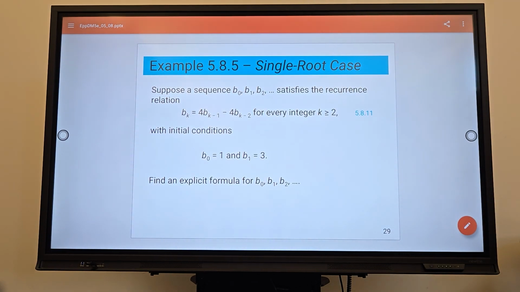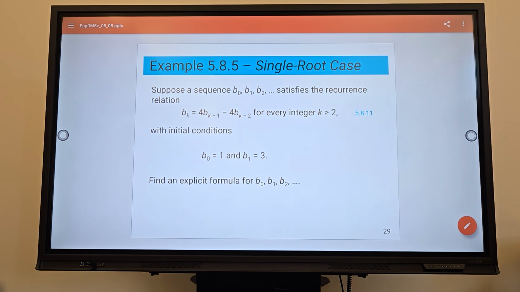Suppose a sequence B satisfies the recurrence relation b sub k equals 4b sub k minus 1 minus 4b sub k minus 2, with initial conditions b sub 0 is 1 and b sub 1 is 3.